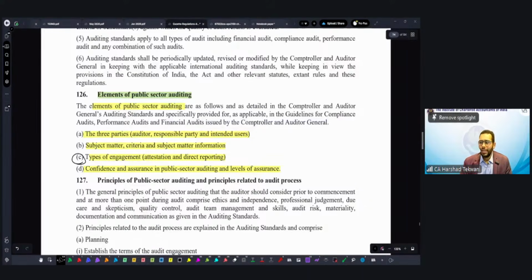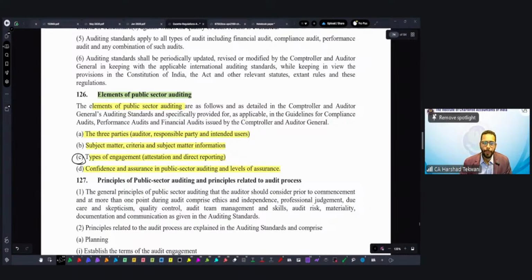Only the information is supplied by performing relevant procedures by the auditors. Here the auditors perform relevant procedures and report directly to the relevant person who has appointed them. So that's direct reporting basically. Audit engagement includes these types: attestation and direct reporting.